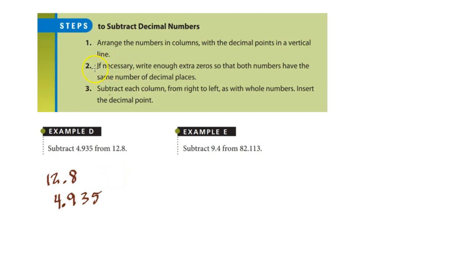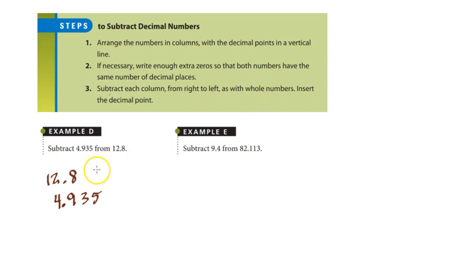And notice that step two was provided in adding decimal numbers in the previous video, but it was optional when we were adding. But in this case, it's not an optional step. It's given as step two.